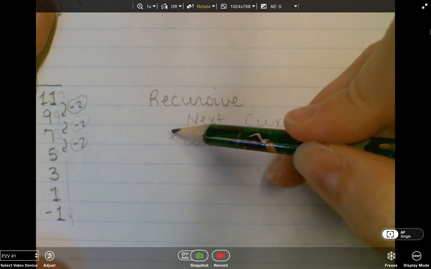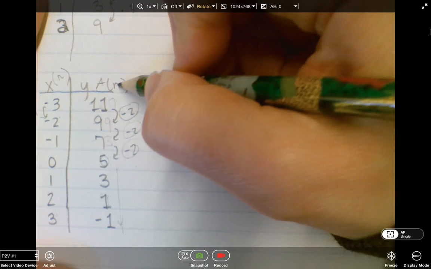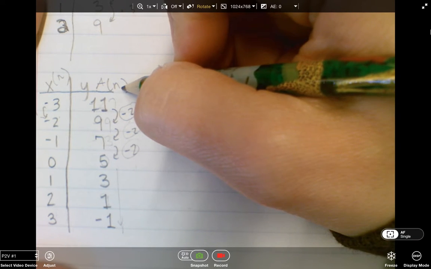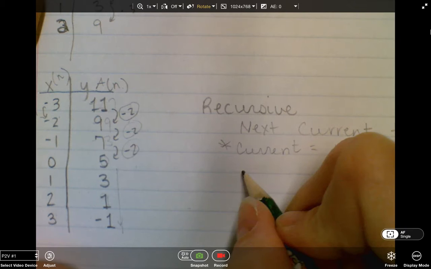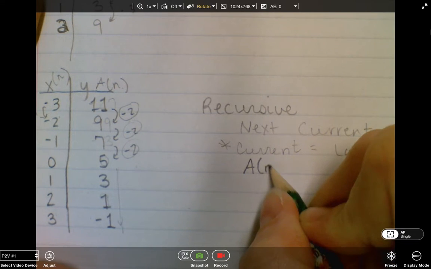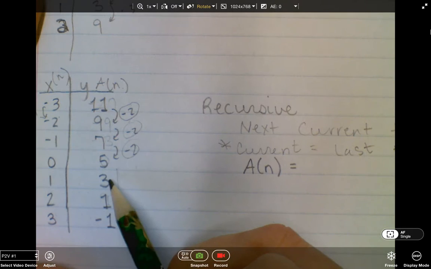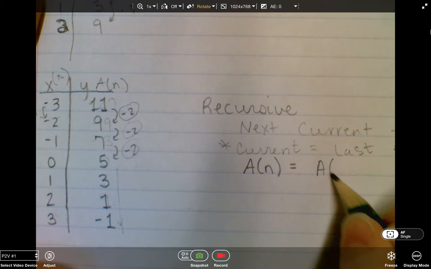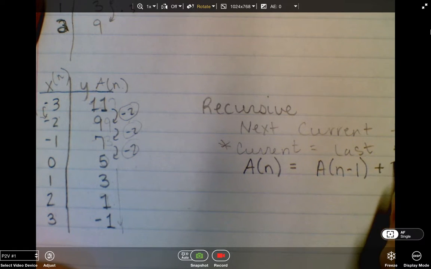So my current a of n, if this is n, or you might call this a of x if we're talking about x, or f of x if we're talking about x. So my current y, a of n, is found by taking my last y, a of n minus 1, and adding 2 to it.